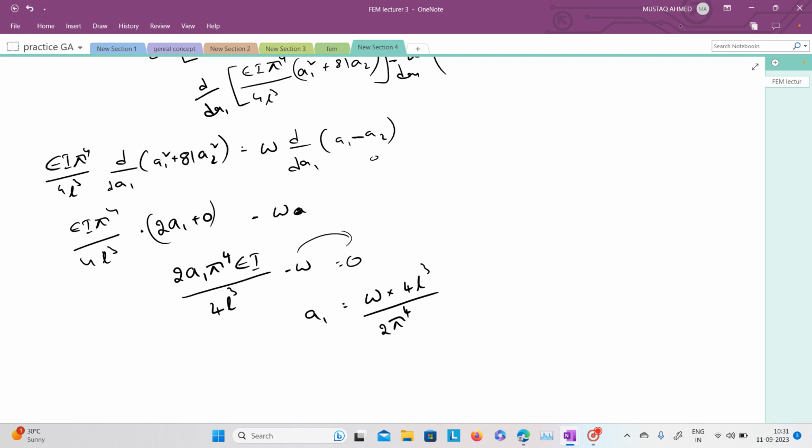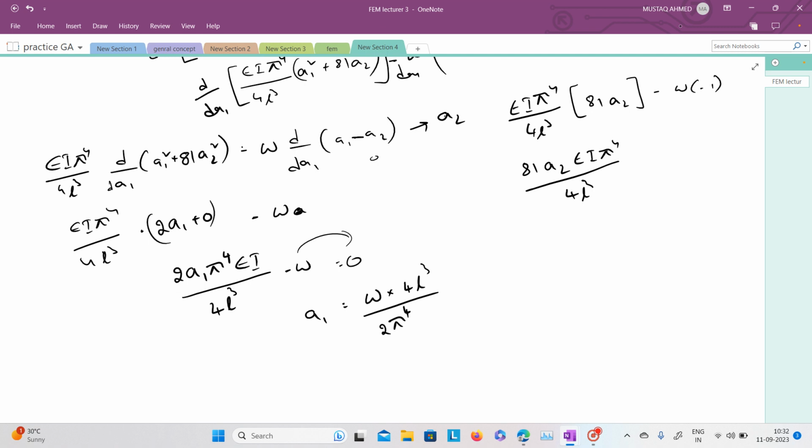Similarly, we will differentiate here with respect to A2. What will be the answer? EI pi power 4 by 4L cube, differentiation gives 81 A2, minus W into minus 1, which will be 81 A2 EI pi power 4 divided by 4L cube plus W equals 0.